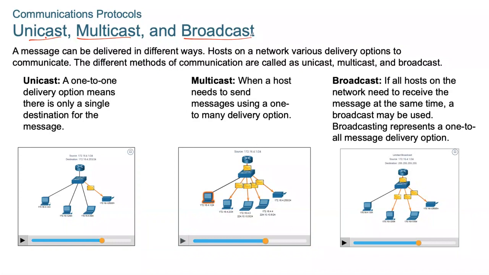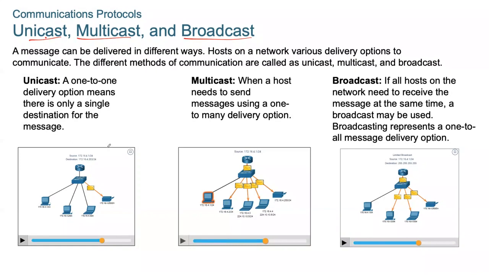So what is there in the Unicast? If you see the first picture, in the Unicast, there is a one-to-one delivery option, referred to as a unicast, meaning that there is only a single destination for a message.